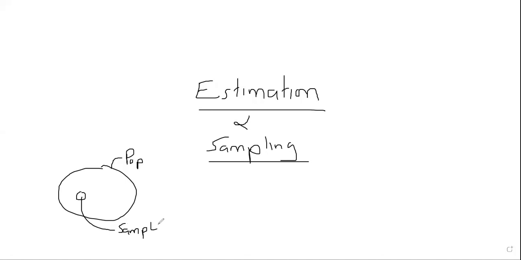And so sampling is very important for many reasons, mainly for costs, for time, for sufficiency of approximation, for accuracy levels as well. So we use a sample for these and many reasons. So population is called a what? A census.